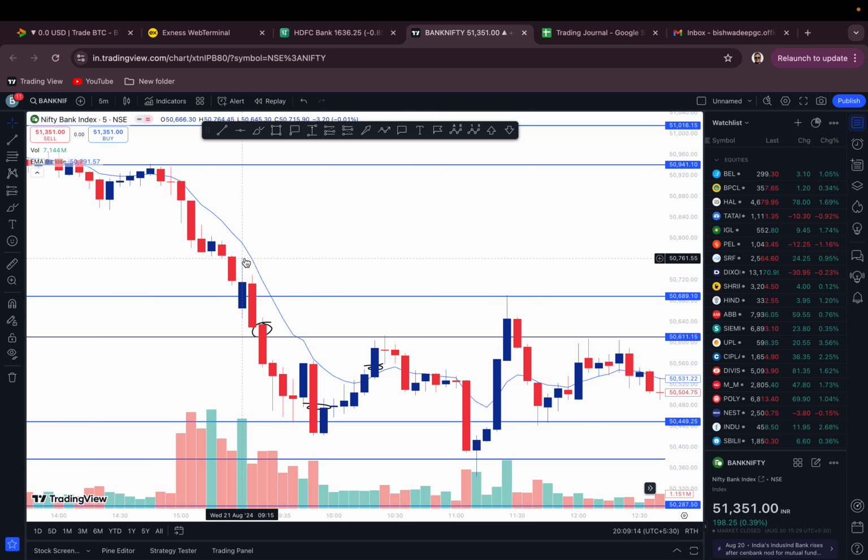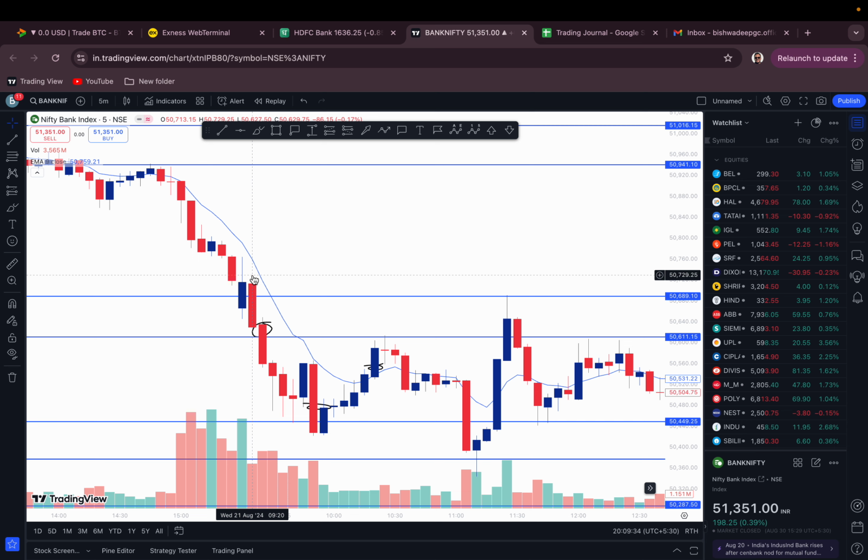See this candle. This candle has a long wick at the upper position. Whenever a long wick is formed on the upper side, that means the sellers are in the market in huge numbers.